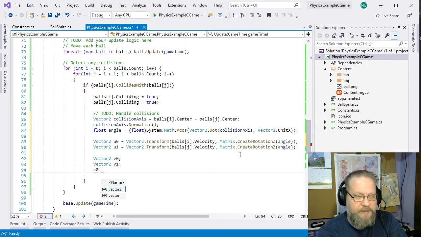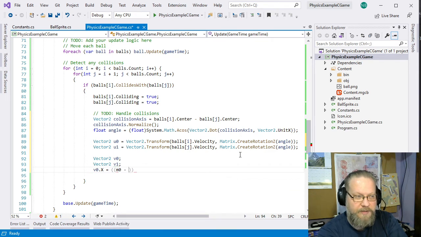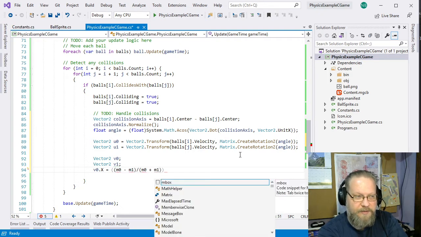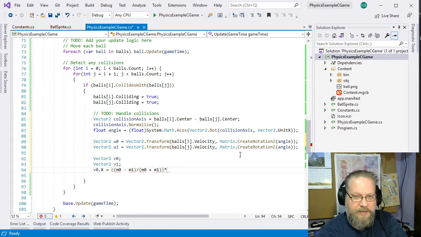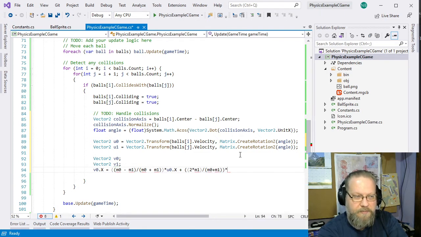So v0.x is going to equal mass 0 minus mass 1 divided by mass 0 plus mass 1. We take that whole value times u0 in the x direction, and then 2 times mass 1 divided by mass 0 plus mass 1 times u1 in the x direction.